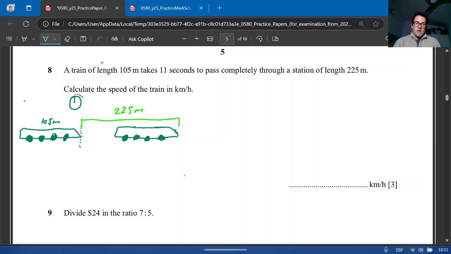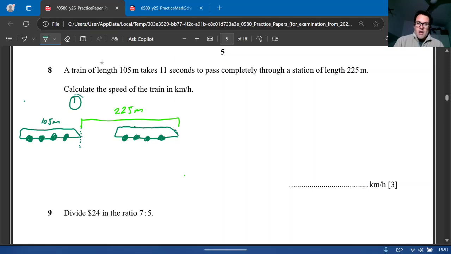Has it passed the train station completely? No, because most of the train is still level with the platform. So it needs to keep moving. It hasn't gone past yet, but it has now traveled 225 meters, definitely.